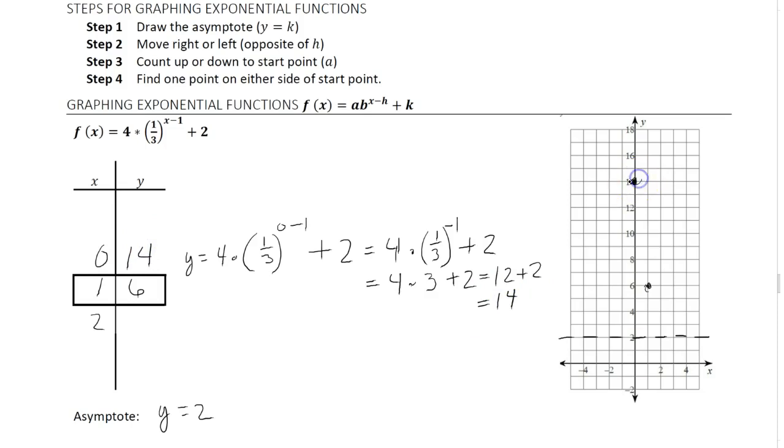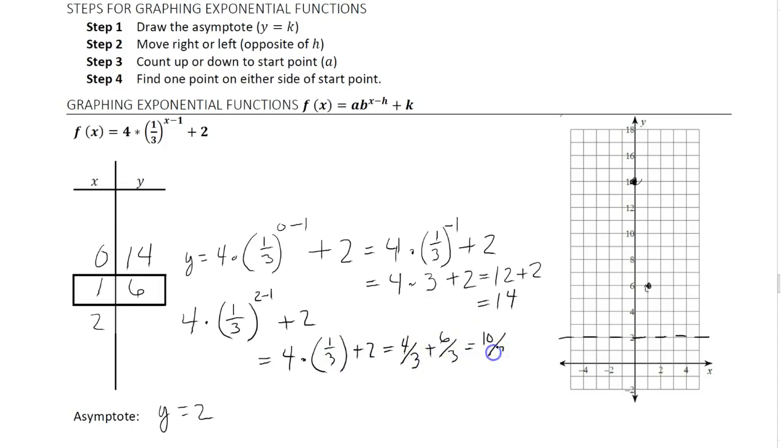Now let's try 2. 4 times 1/3 to the 2 minus 1 plus 2. This is 4 times 1/3 plus 2, or 4/3 plus 6/3, which equals 10/3, which is approximately 3.3. Graph the point (2, 10/3). Now we can graph the exponential function.